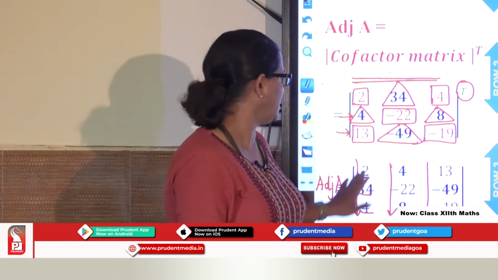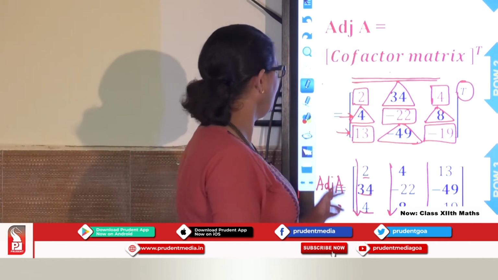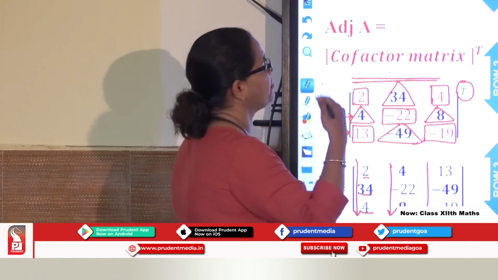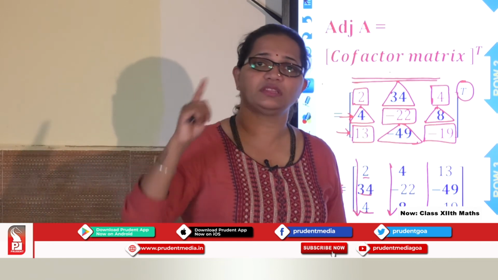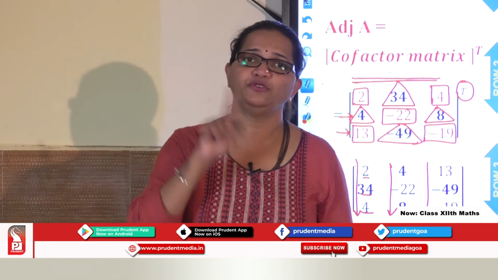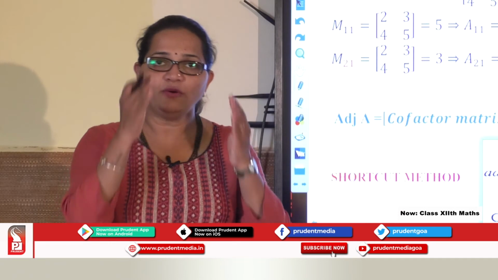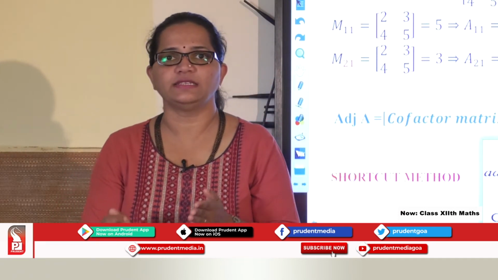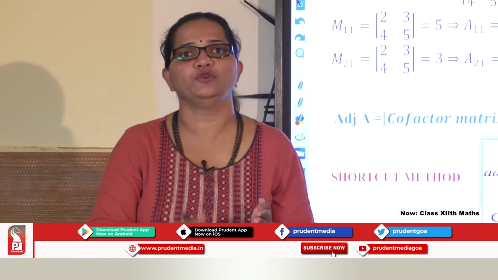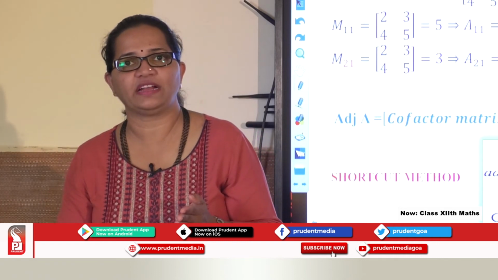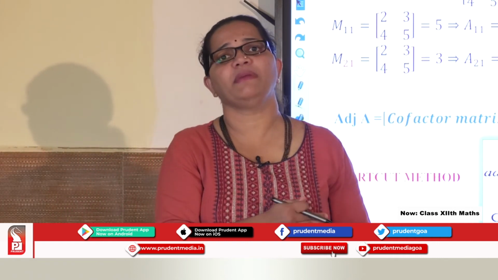This is how you get the adjoint. The moment you get the adjoint, you proceed to your third step, that is, using the formula you find the inverse of the given matrix.